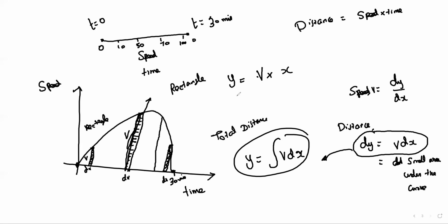So I want to find the small distance. I want to take the small distance traveled in small time. So that will be dy is equal to v dx. dy is equal to v dx means it is the distance traveled in a minute second. Like that, if I add all the minute seconds, that will be y.